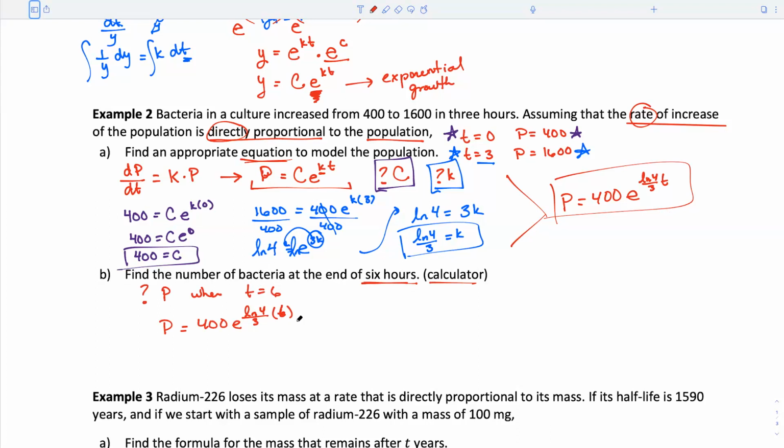If it's not a calculator problem, it has to be a value that you can actually solve for. Okay, so I plugged in 6 for t. Once you do this in the calculator, you should get 6,400 bacteria. So after 6 hours, there are 6,400 bacteria in the culture.